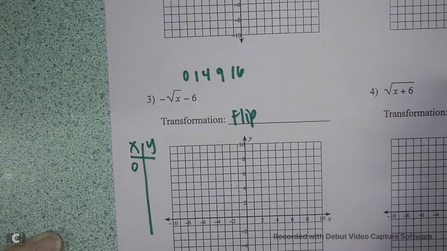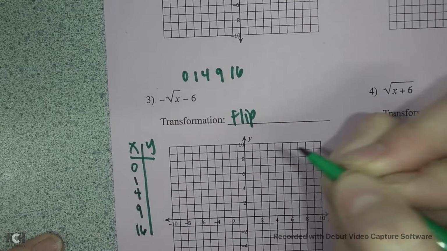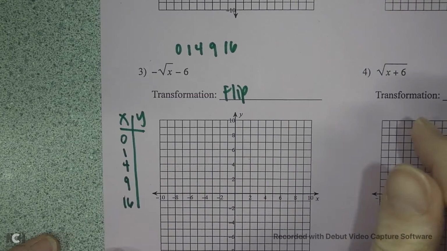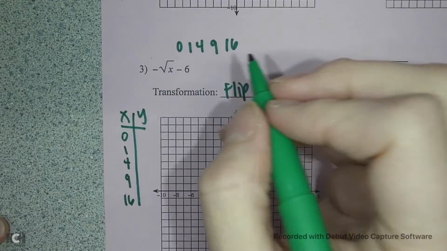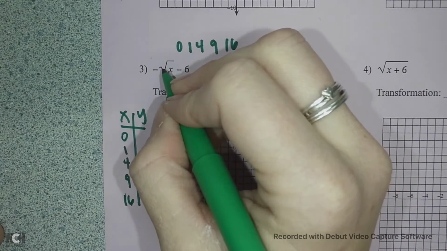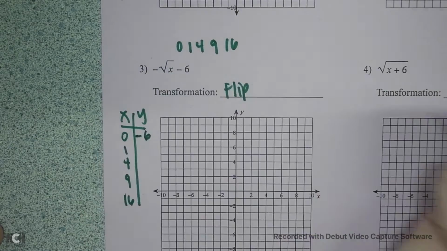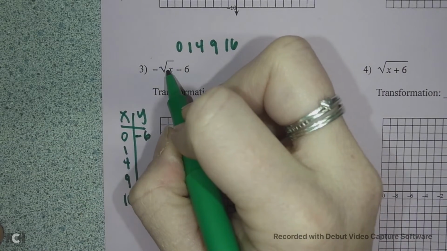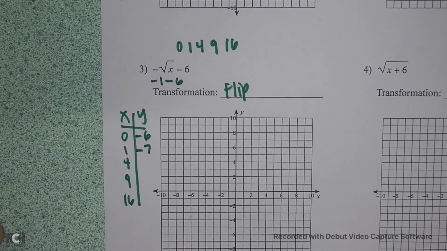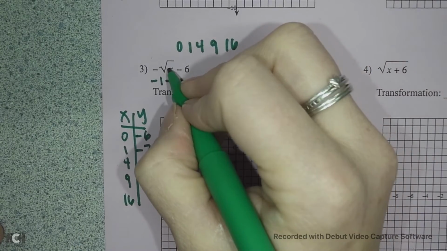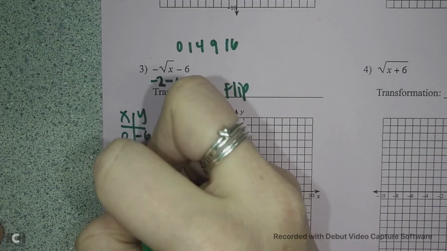But since this is just a regular radical, we can just use these numbers, 0, 1, 4, 9, and 16, all of our pretty numbers, because those are going to give us nice whole answers. Again, the square root of 0 is 0, and then that's technically a -0, and -0 minus 6 is -6. The square root of 1 is 1, which will turn out to be a -1 minus 6, which is a -7. The square root of 4 is 2, so that makes it a -2 minus 6 is -8.